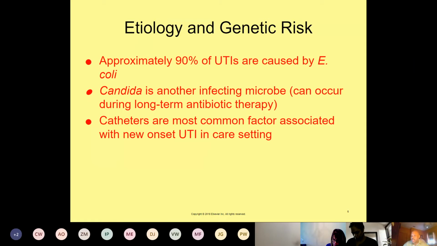Now, when an infection does occur in the urinary tract, it can travel and cross over into the bloodstream. When it does cross over into the bloodstream, we refer to that as bacteremia. The "mia" end of it is blood, or urosepsis.